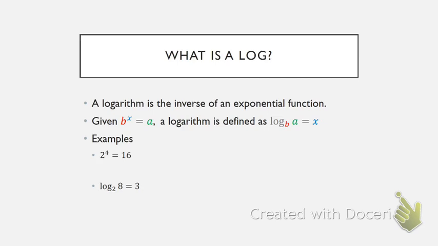So a log with base b, the b is the base of the log and the base of the exponent. That's why it's a b. The x is an exponent in an exponential equation, but it's what the logarithm is equal to. The a value is what the exponential equation is equal to, but is actually the input of a logarithm, and I'll show you why.